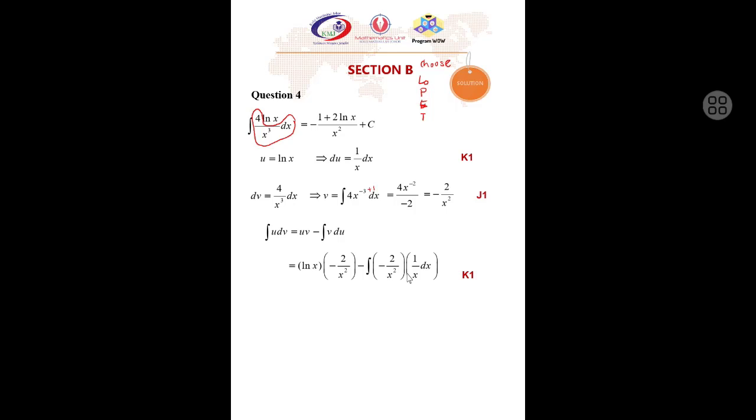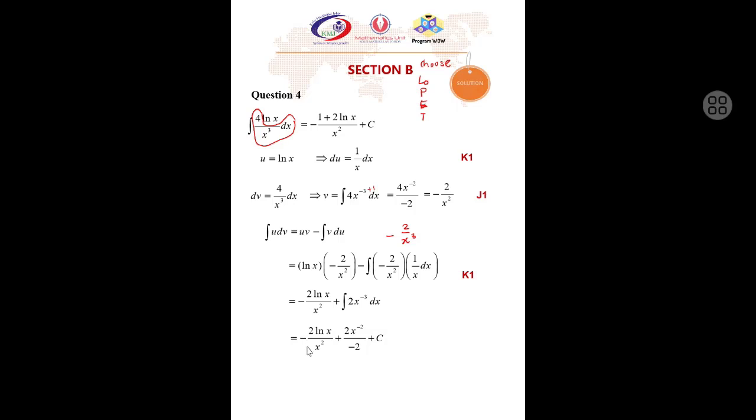At the back here, you still need to solve the integration. So here you get the integral of negative 2 over x cubed. 2 over x cubed means 2 times x to the power of negative 3. Bring x cubed to the numerator, so negative here and here becomes positive.